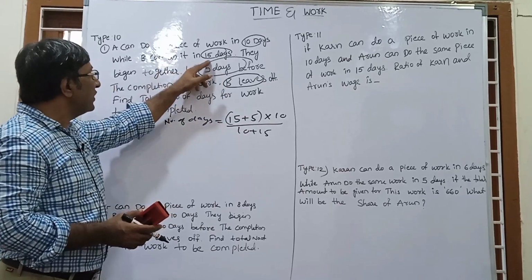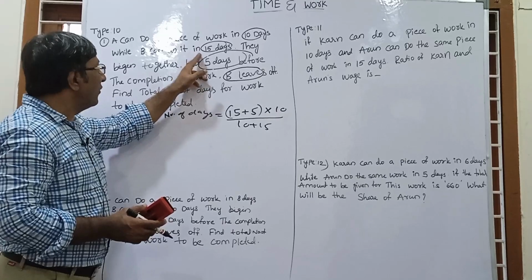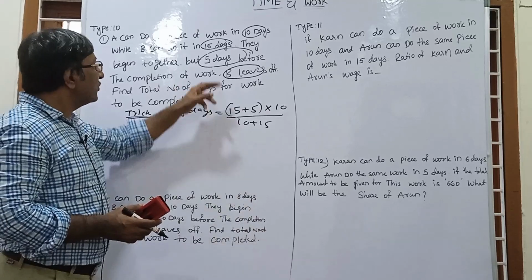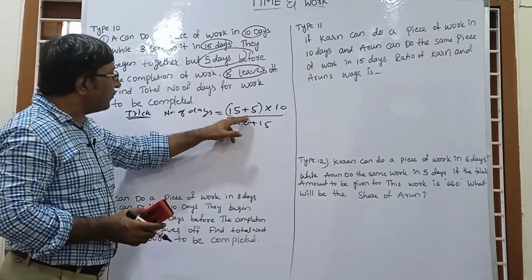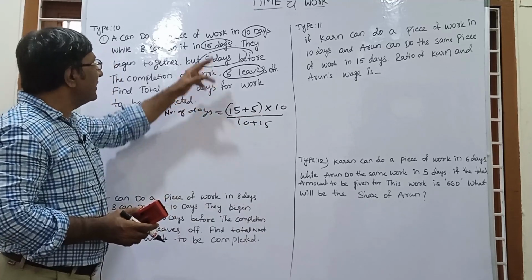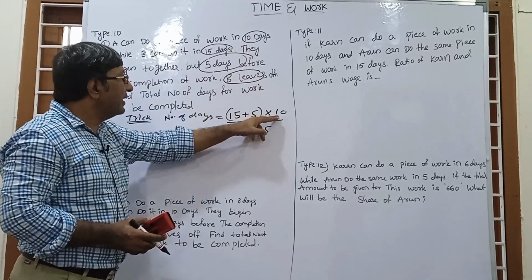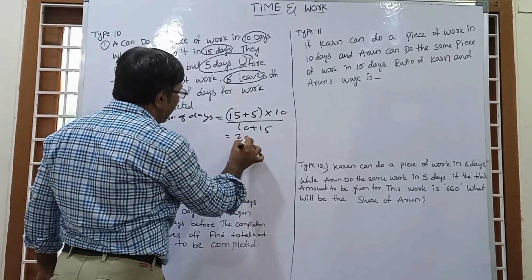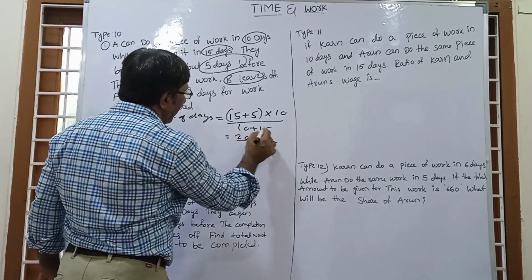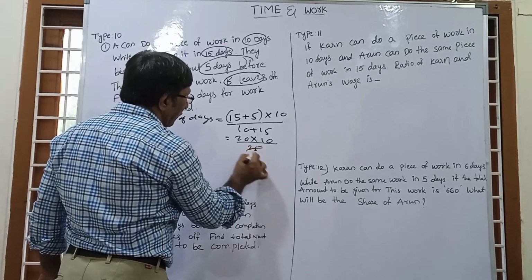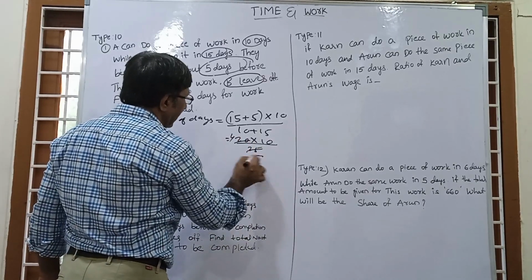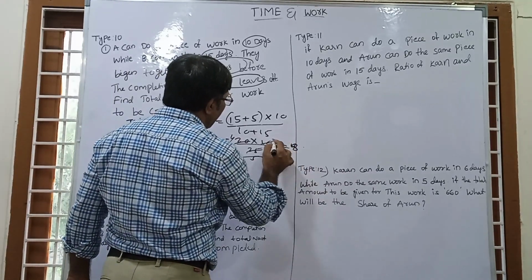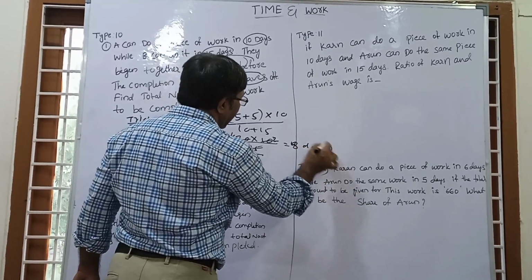B leaves, and B's days are 15, plus 5 days before he leaves, so 15 plus 5. Then multiply by the second person's days, A does the work in 10 days, divided by 10 plus 15. So the answer is (15 plus 5) into 10 upon (15 plus 10), that is 20 into 10 upon 25. 5 fives are 25, 5 fours are 20, and 5 twos are 10. So the answer is 4 into 2, that is 8 days. Our correct answer is 8.